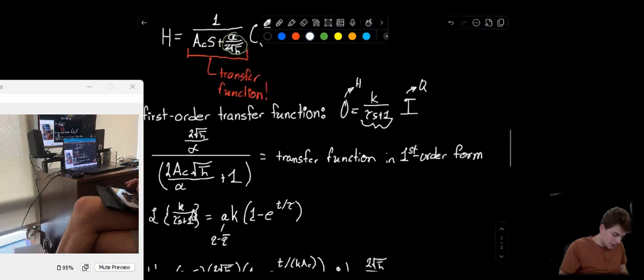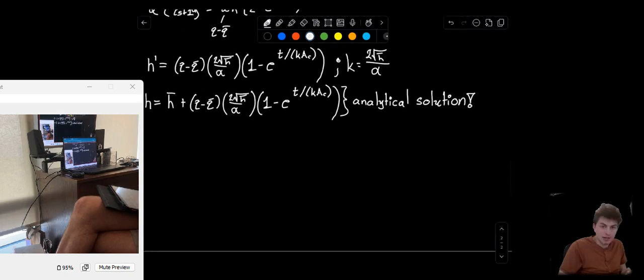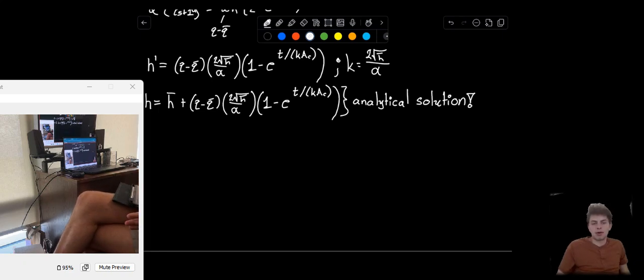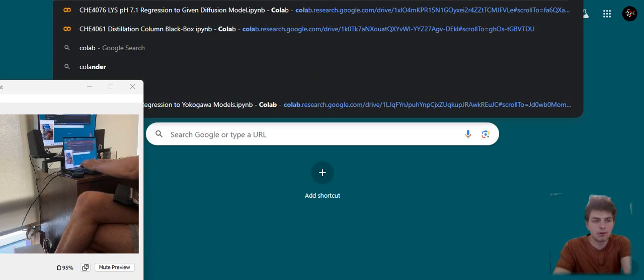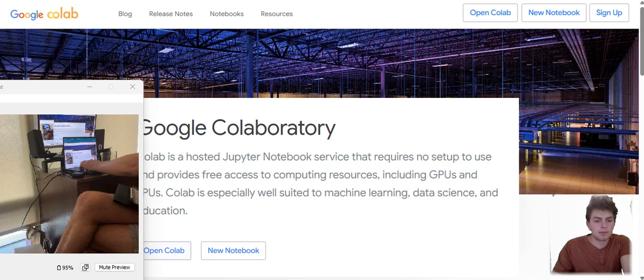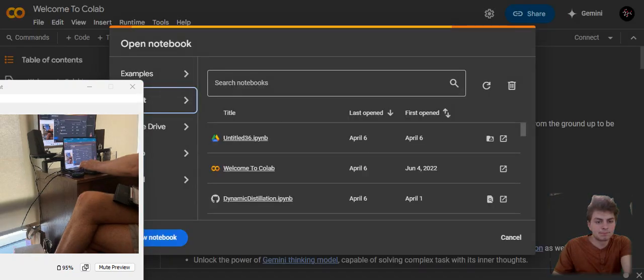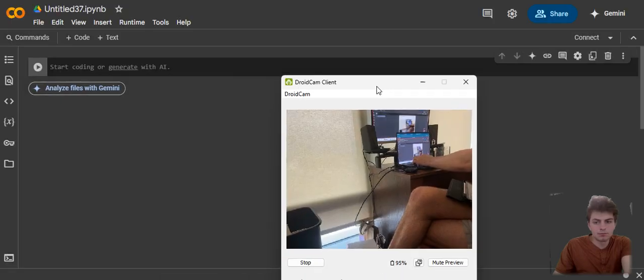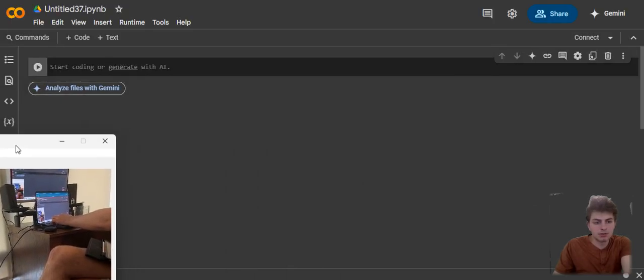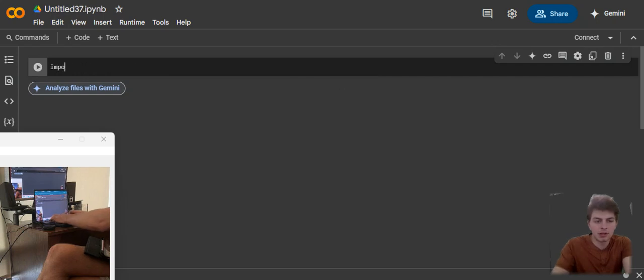And the only other thing left to do is to simulate this. So let's compare how our numerical solution compares to the analytical solution that we just found using control theory. Let's jump on over to Colab. Hopefully you find it there.